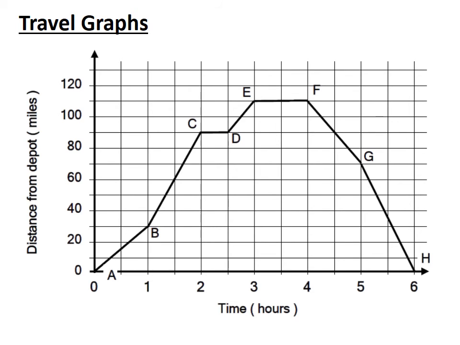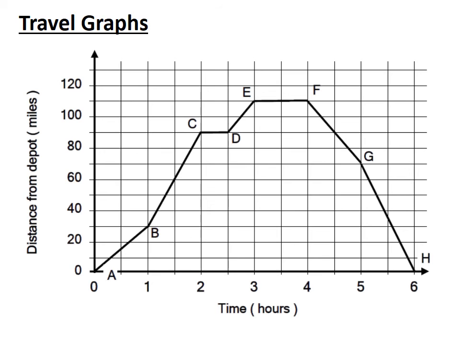Okay, here's a more complicated journey. This journey has got 1, 2, 3, 4, 5, 6, 7 different sections to it. Now let's have a look at what these different lines might mean.